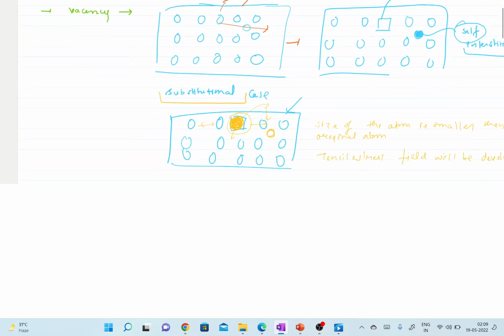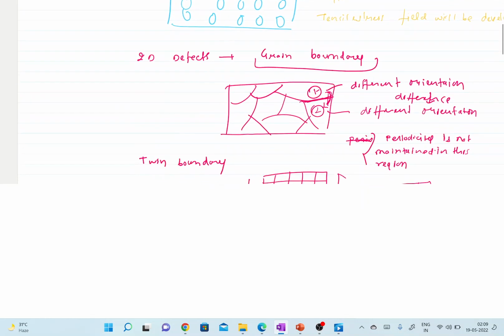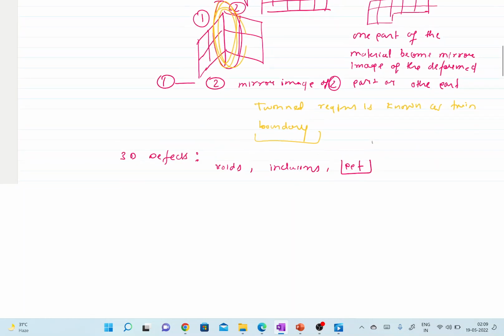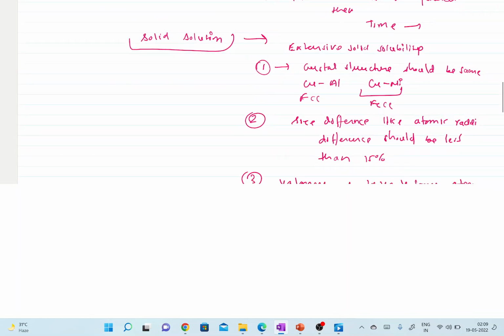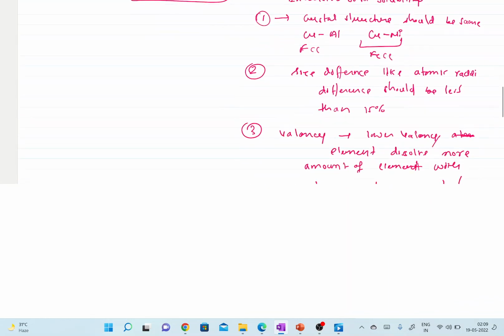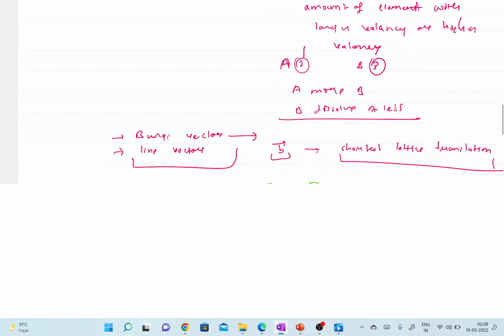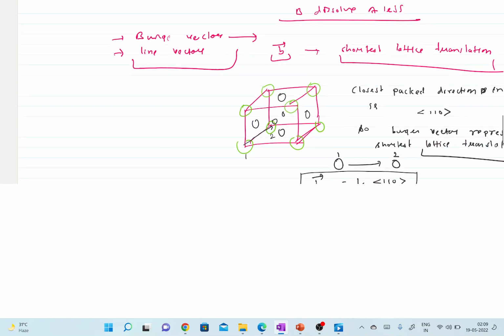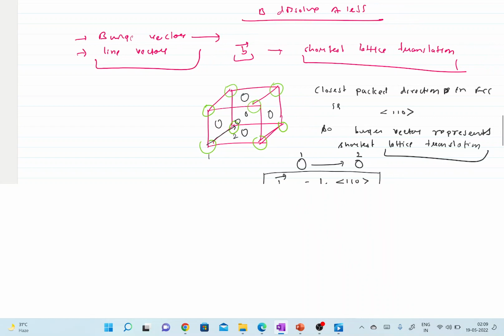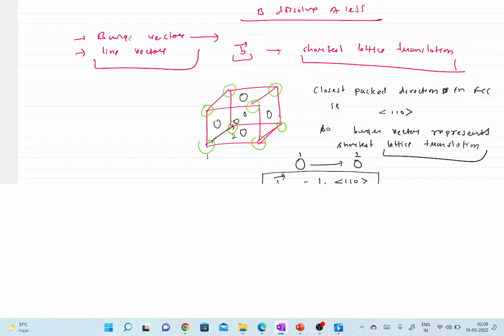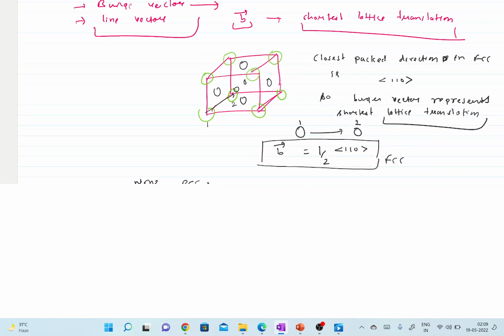Then we discussed in brief the various defects. Then we came to the Burgers vector and line vector, which are important to define dislocations, or to understand the various dislocations. The Burgers vector represents the shortest lattice translation. Lattice translation represents the translation of atoms from one position to another position, so that all the symmetries of the crystal structure remain preserved.